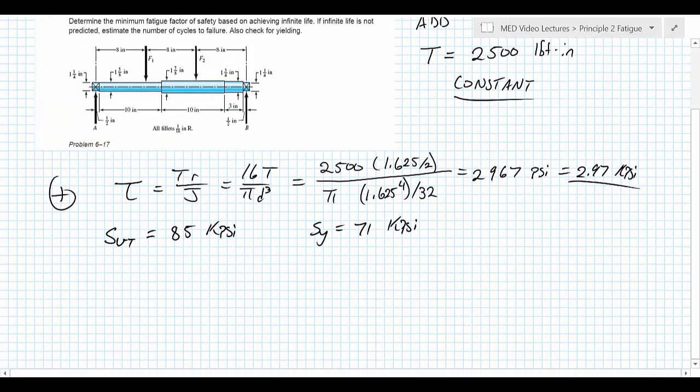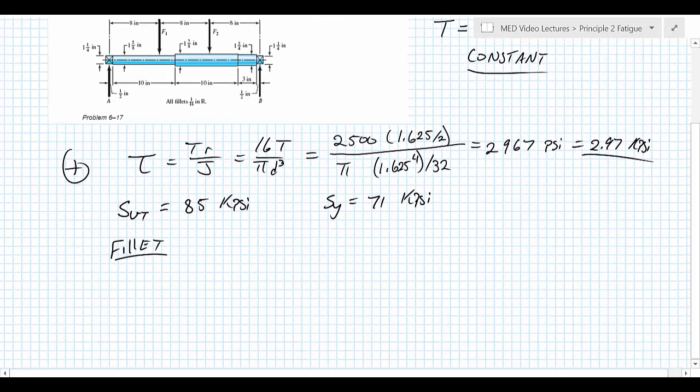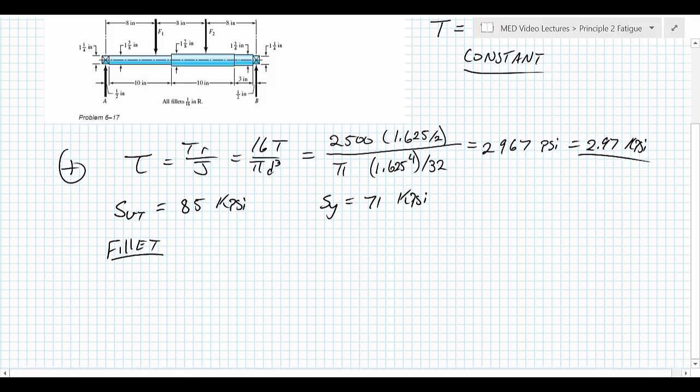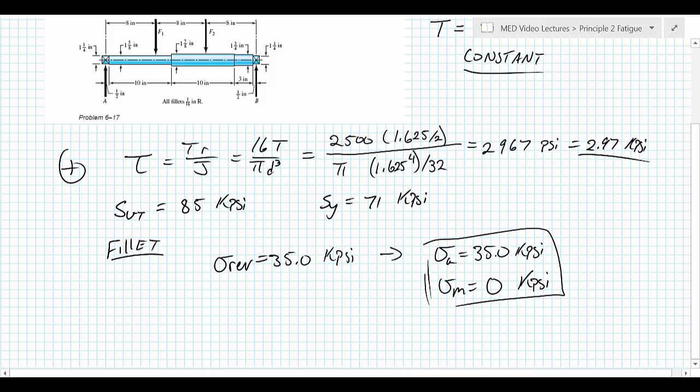So at the fillet, at the shoulder, you should have found a fully reversed bending stress of 35 kpsi, which means that our amplitude stress is maximum minus minimum, so 35 minus negative 35 over 2 gets you exactly 35 kpsi, and sigma mean is 0. This is fully reversed stress. So that's the situation we would have had from before.